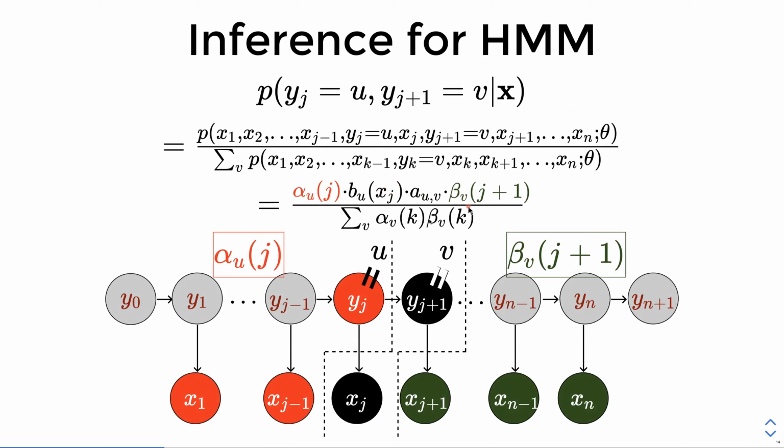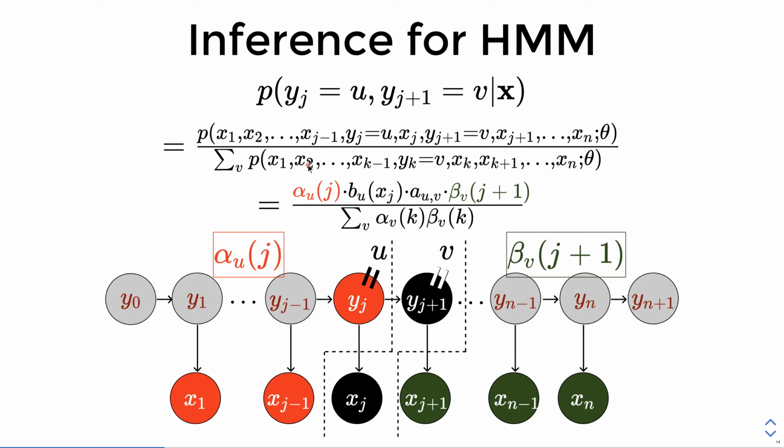That's what we did: we can split the network twice. This is alpha, and this is beta. As for these two black nodes, we can use emission and transition to take care of these two. So that's what's happening here upstairs.